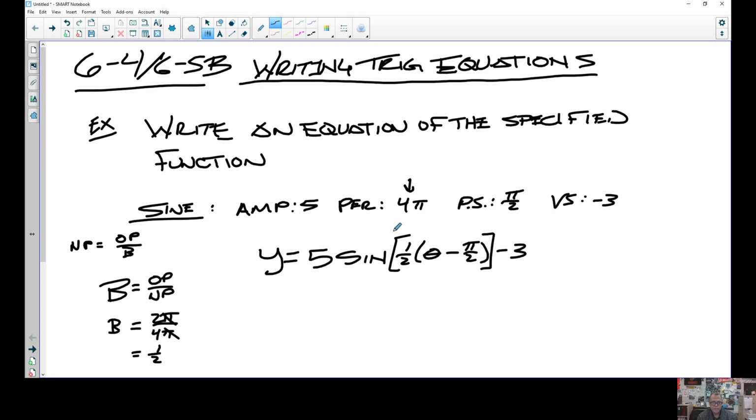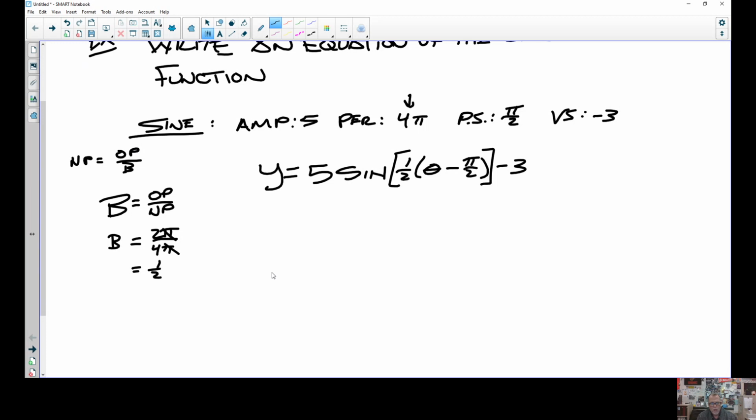All right, let's do another one. Let's do a cosine with amplitude of 2/3. Oh, that's really ugly writing.